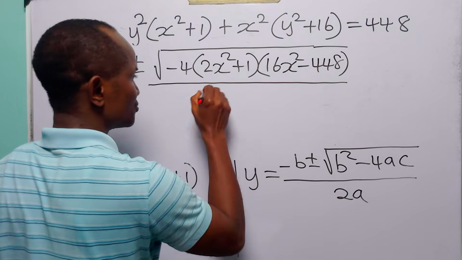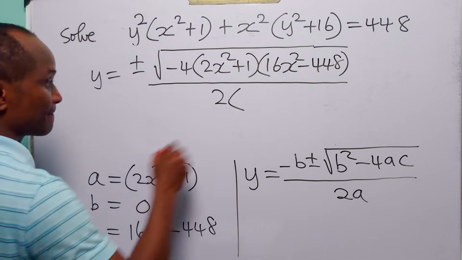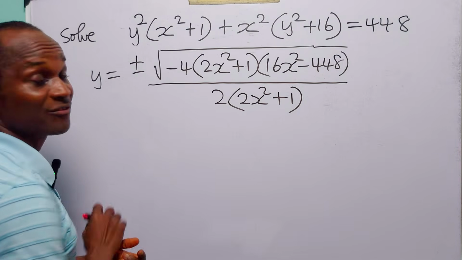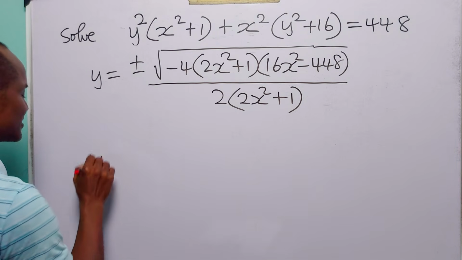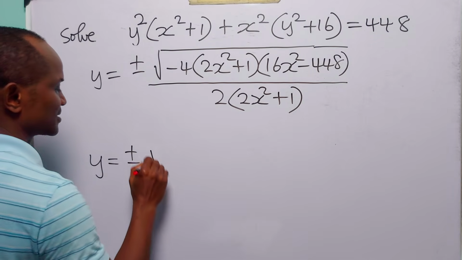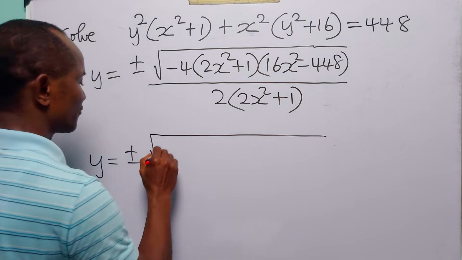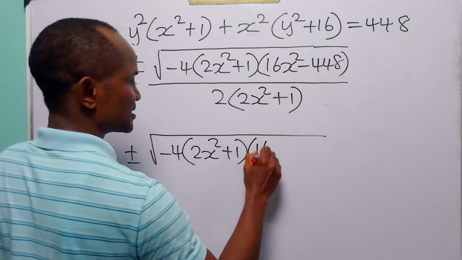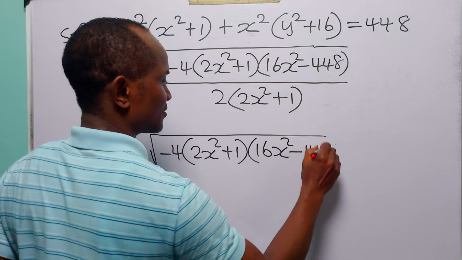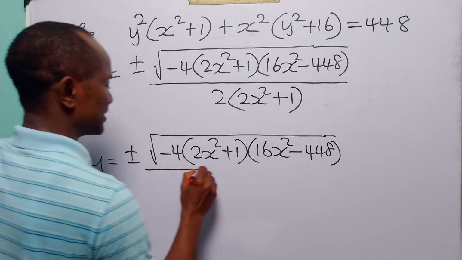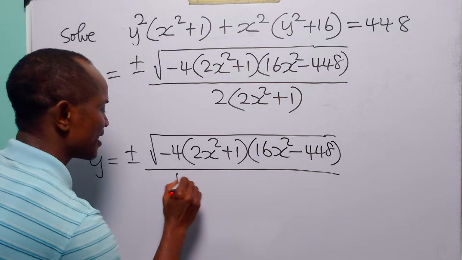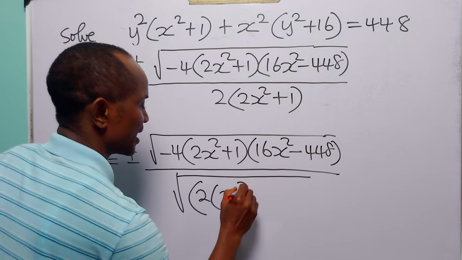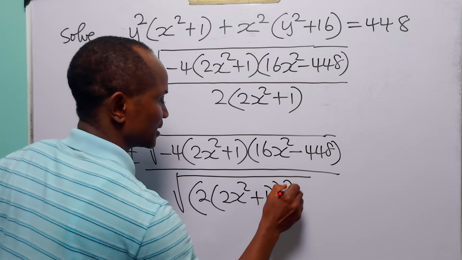divided by 2 times (2x squared plus 1). Now, to simplify this equation, we can write y as plus or minus the square root of minus 4 times (2x squared plus 1) times (16x squared minus 448) divided by the square root of 2 times (2x squared plus 1) squared.